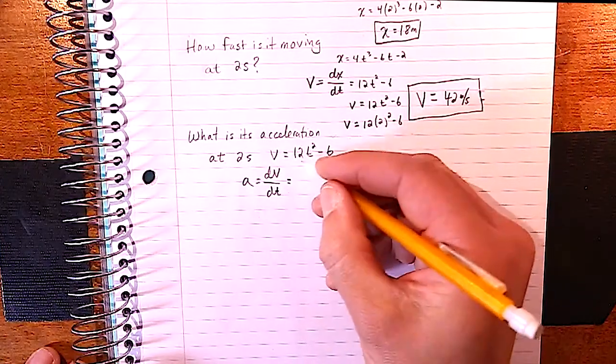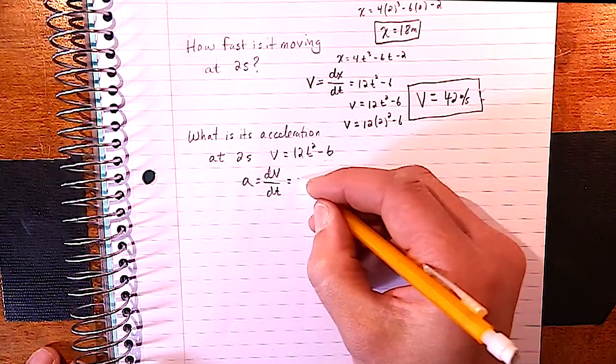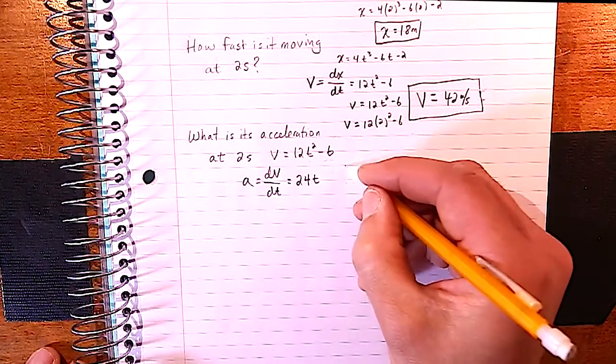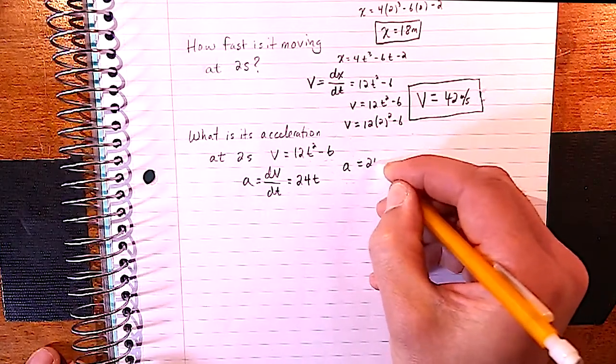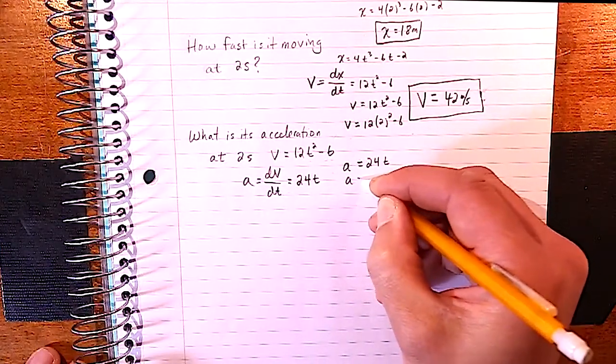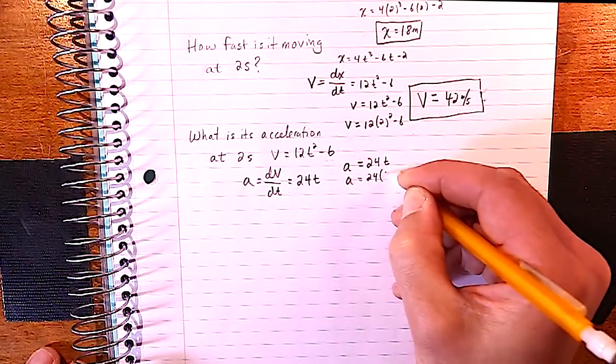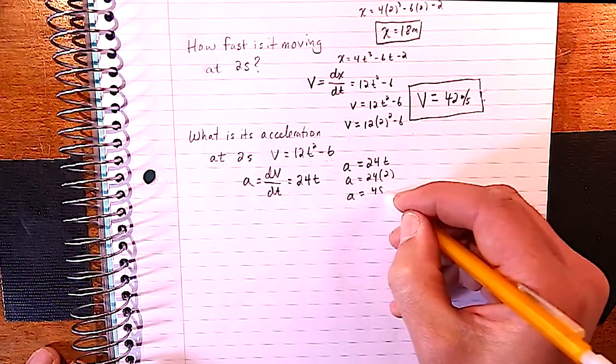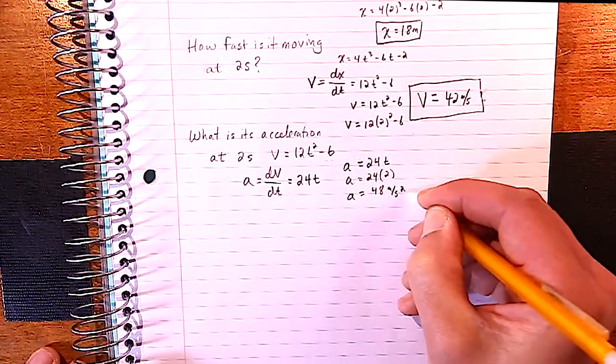So what's the first derivative of 12t squared? That's going to be 24t, and that becomes 0. So the acceleration is 24t, or 24 times 2. So the acceleration is 48 meters per second squared.